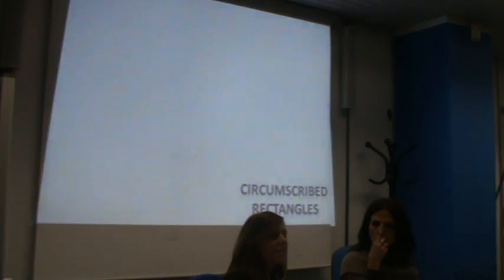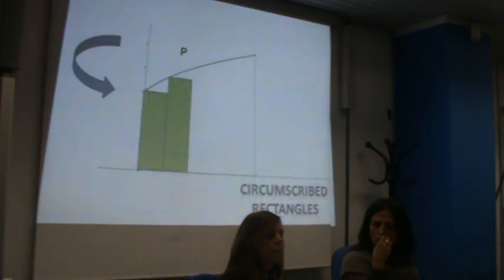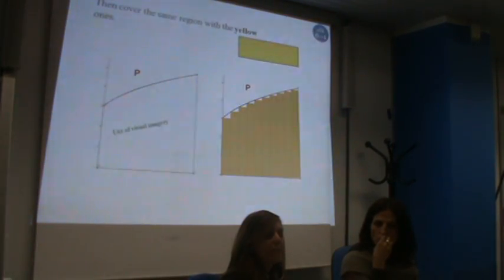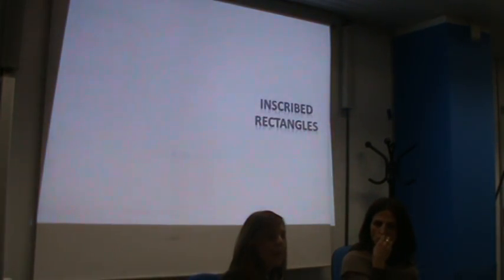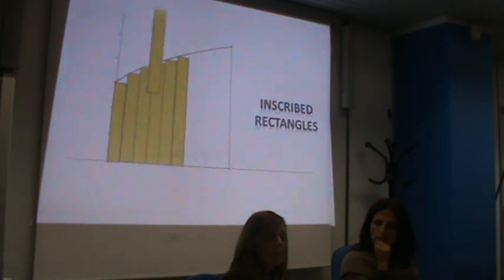What happens is here. This is the first approximation by defect. Then they use the yellow rectangles and have a new, better approximation.